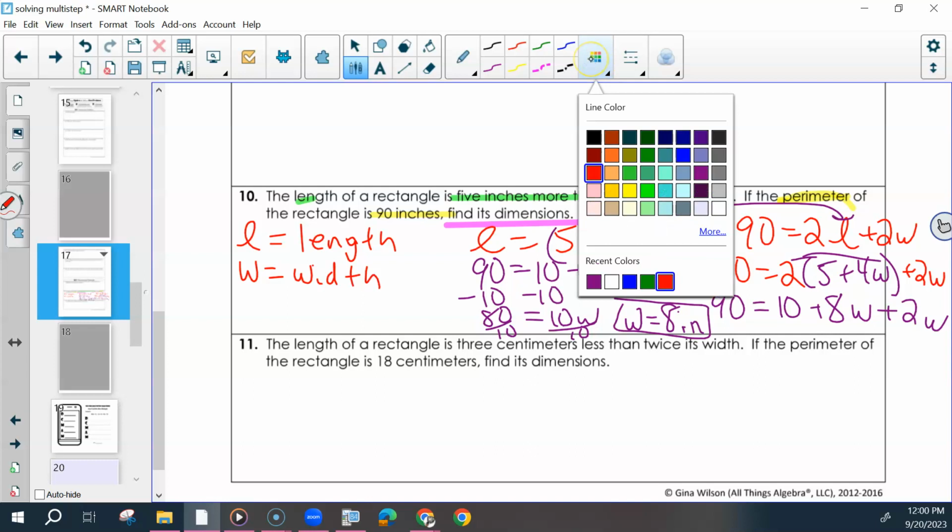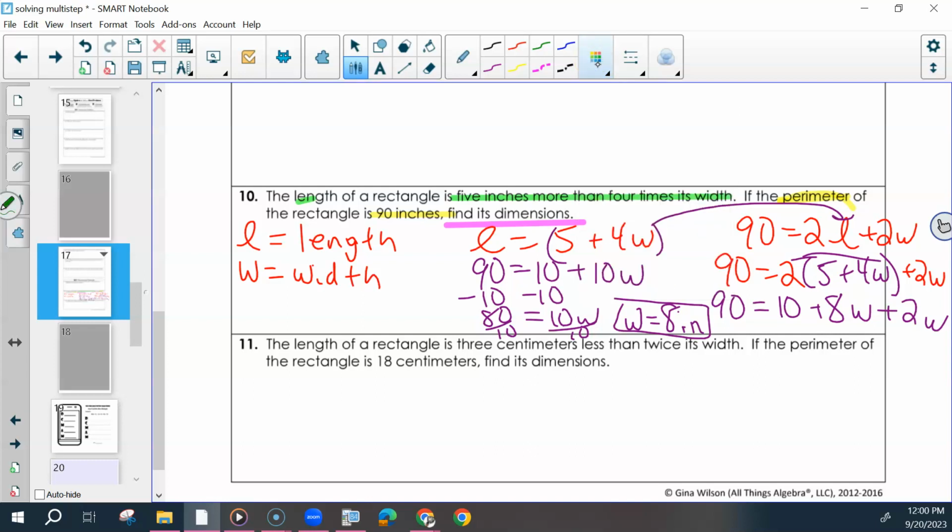Okay, last piece. We have to find the length. How would we do that? Not 5 and 8. 5 plus 4 times 8. Here we go. We have to put it into the entire thing. Put that into the entire thing.